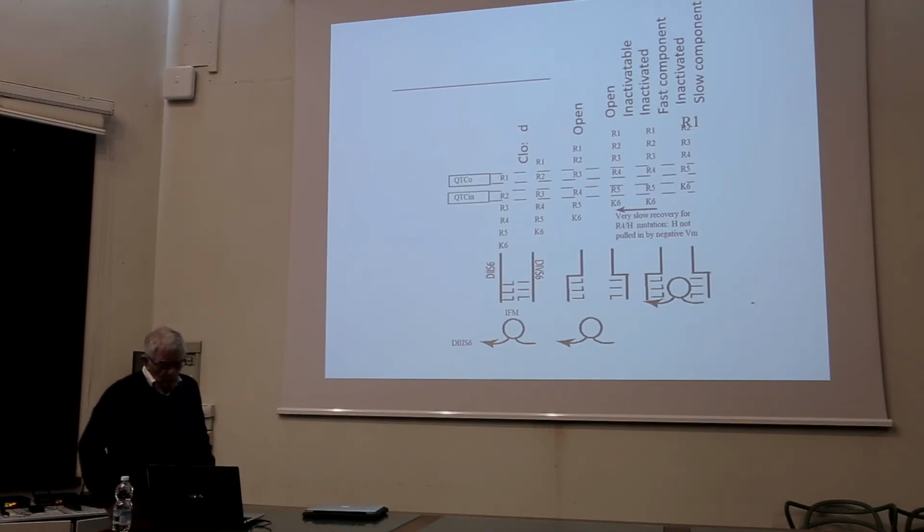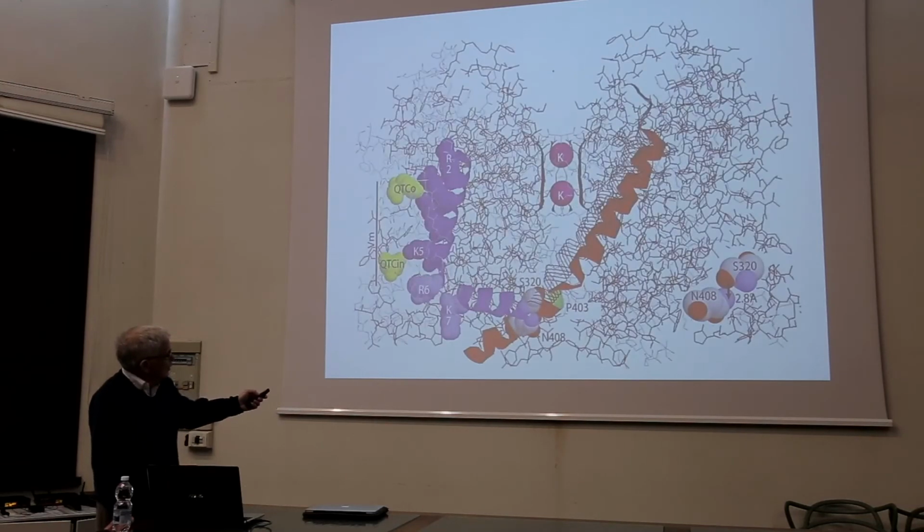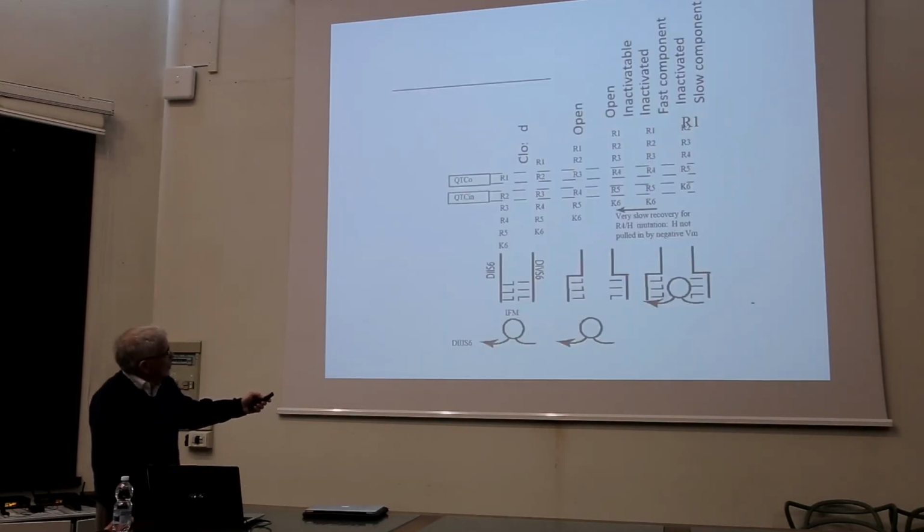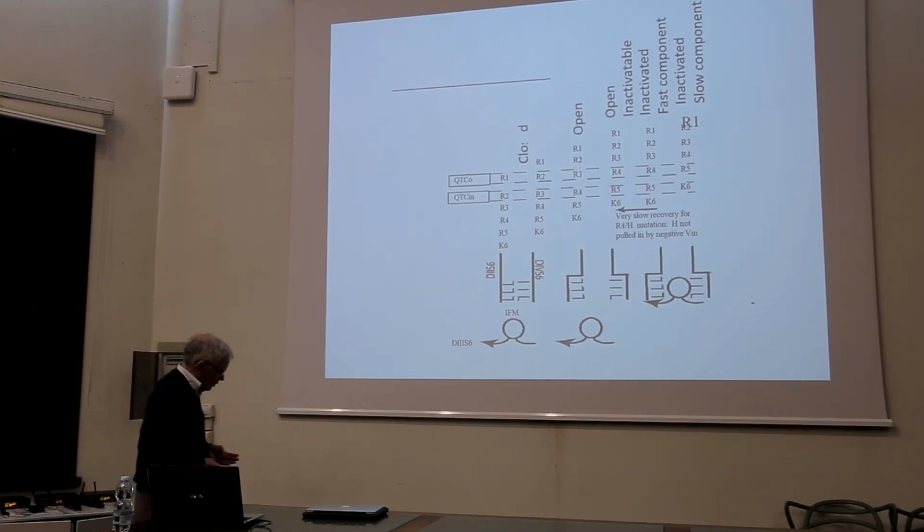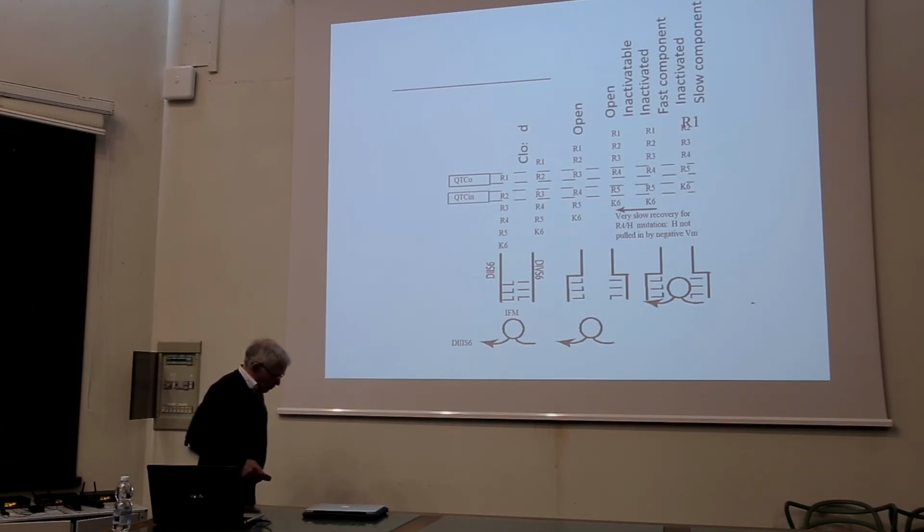So I've talked about the potassium channel. Now I'm switching to the sodium channel, which was in the preceding slide. The sodium channel is quite different from the potassium channel, which has 4 identical subunits. The sodium channel has 4 quite dissimilar subunits.